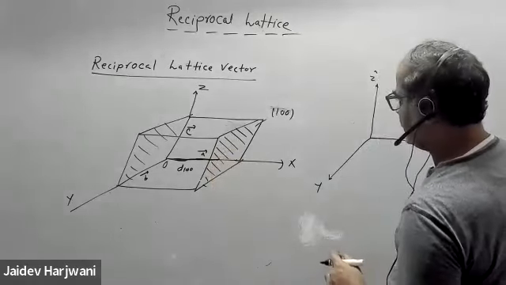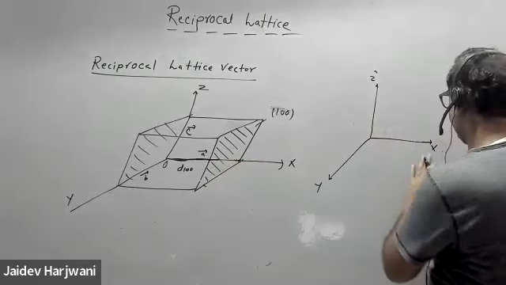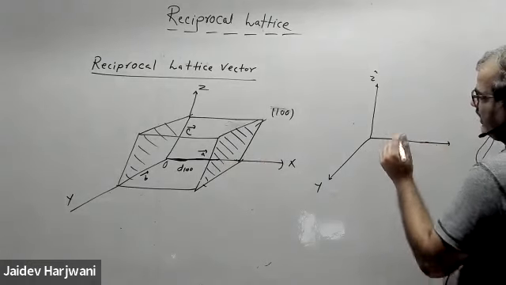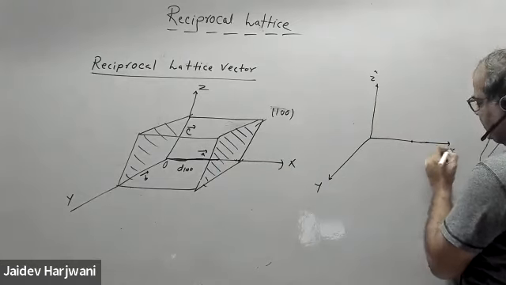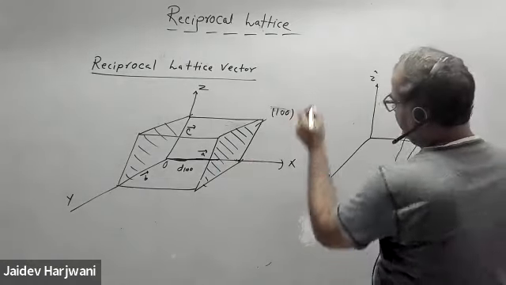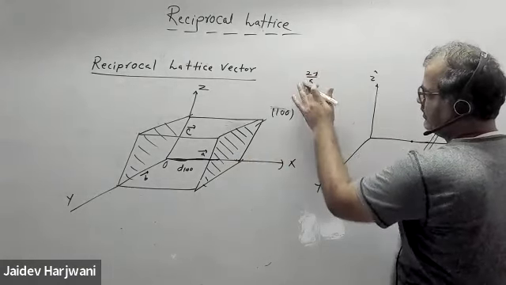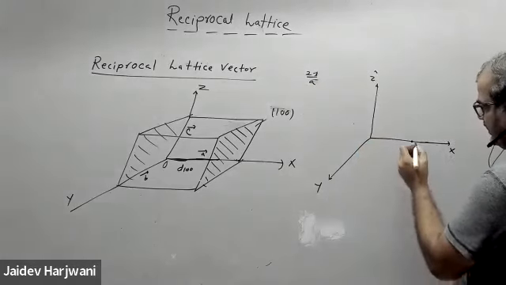Now if I want to calculate the lattice point corresponding to this plane, the lattice point will be somewhere here on the x-axis. Because the distance is a, my lattice point will be at 2 pi by a distance. So this will be my lattice point.